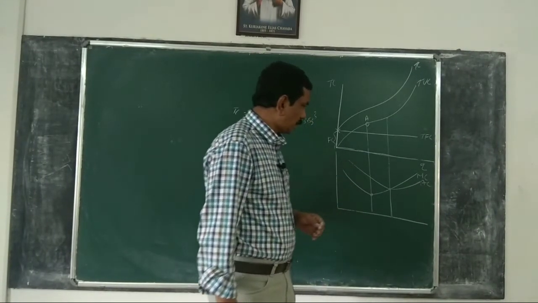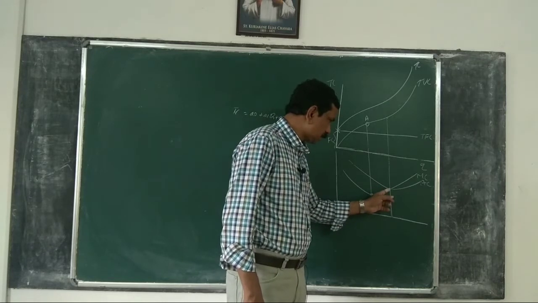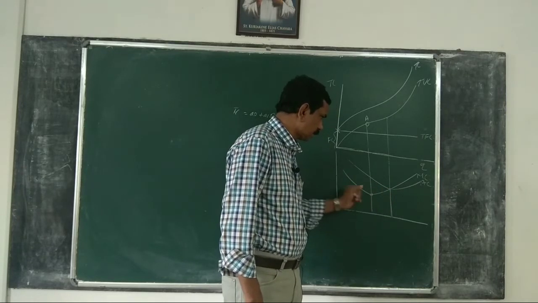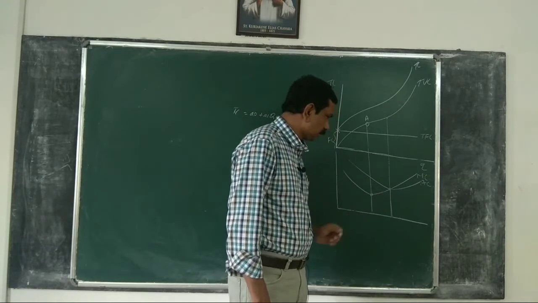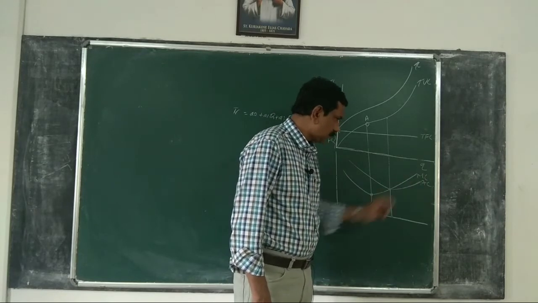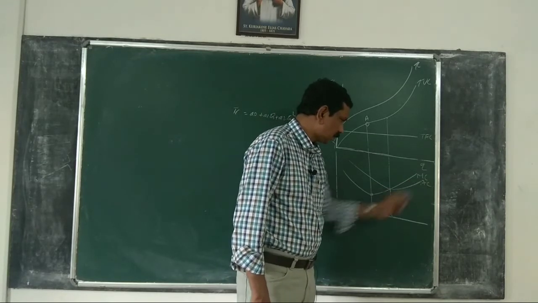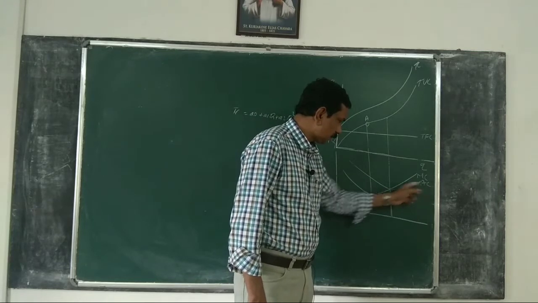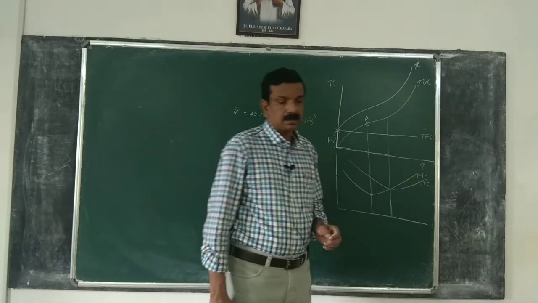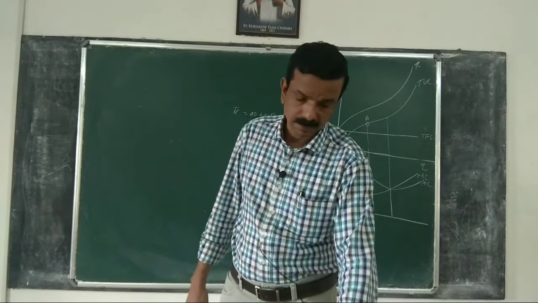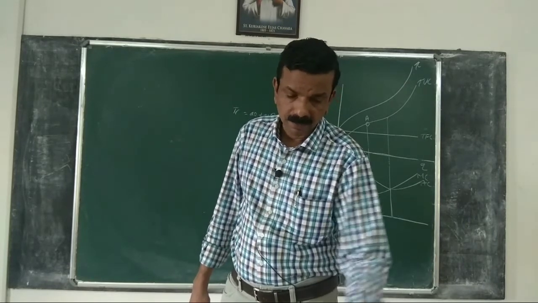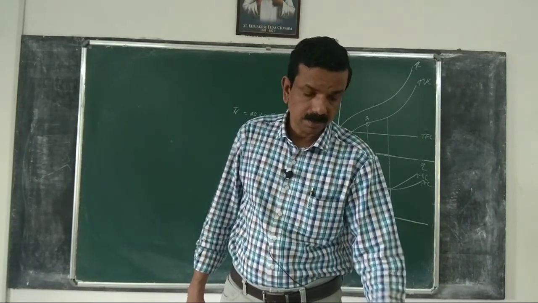Also, as long as MC is lower than AC, AC is decreasing. When MC is above AC, AC is increasing. When MC is equal to AC, AC neither increases nor decreases. These are points familiar to you from our earlier classes.